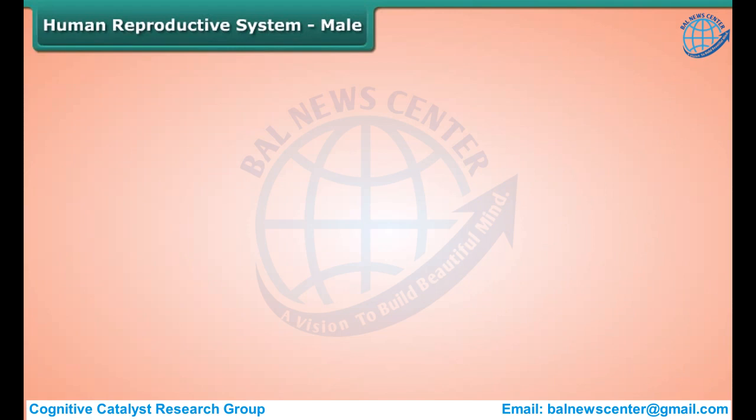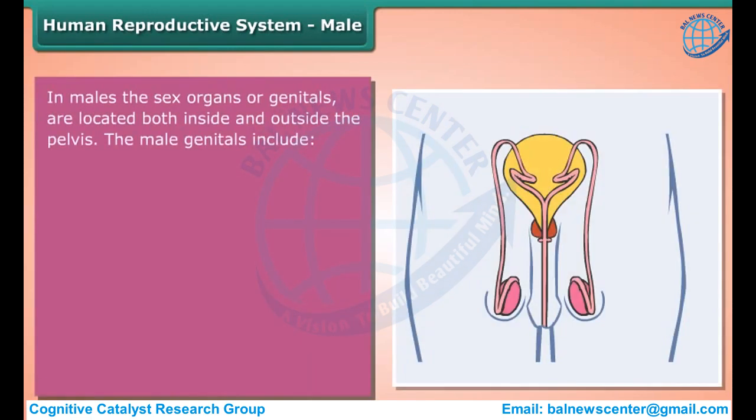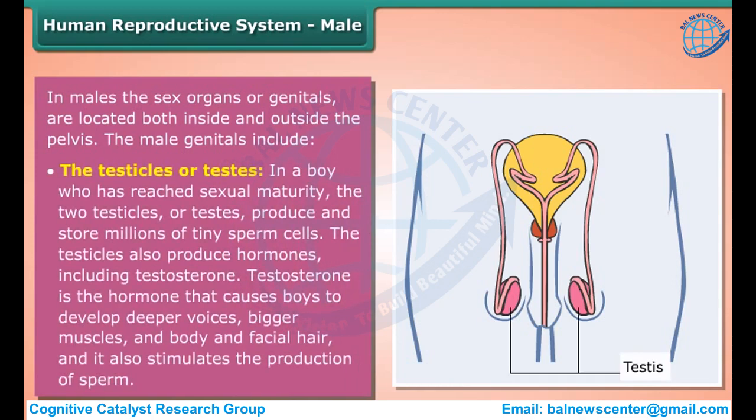Human reproductive system. Male. In males, the sex organs or genitals are located both inside and outside the pelvis. The male genitals include the testicles or testes. In a boy who has reached sexual maturity, the two testicles produce and store millions of tiny sperm cells.